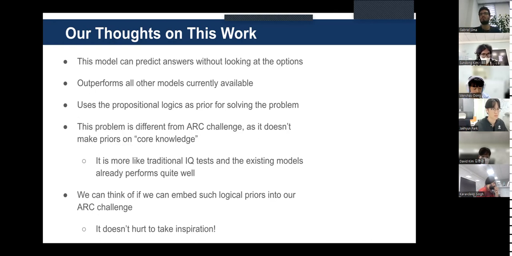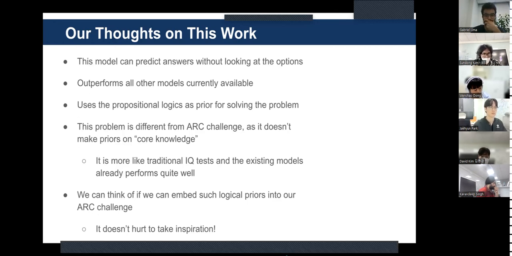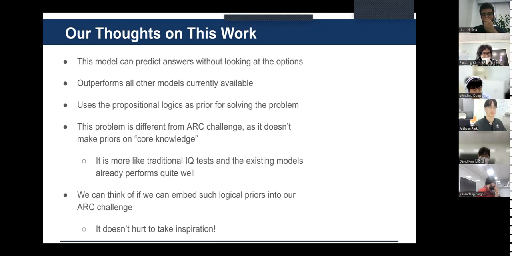It does use geometry, but not to the extent ARC is using. So it's more like a traditional IQ test, and existing models perform quite well, like 59%. However, we still think that if we can embed such logical priors into our ARC problems, maybe there's a way forward to solve our ARC problem. And it doesn't hurt to take inspiration from this as well. So yeah.